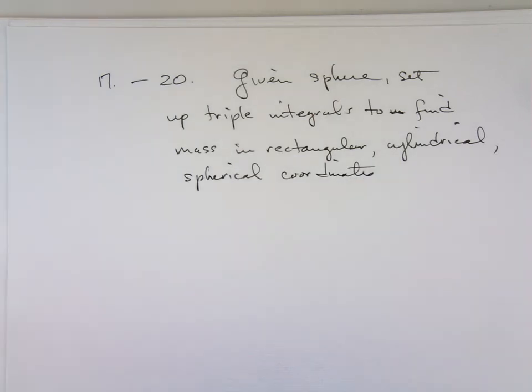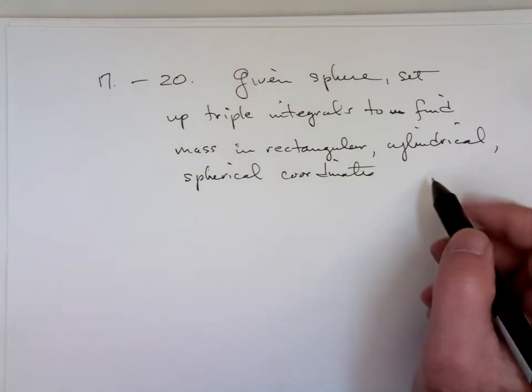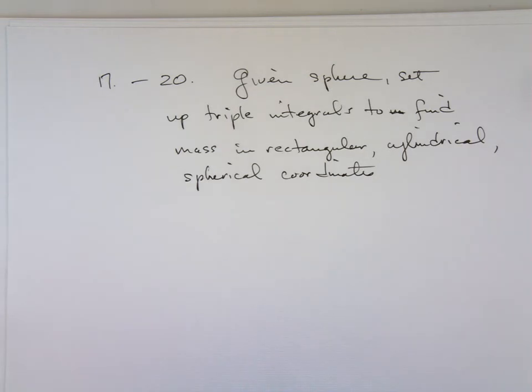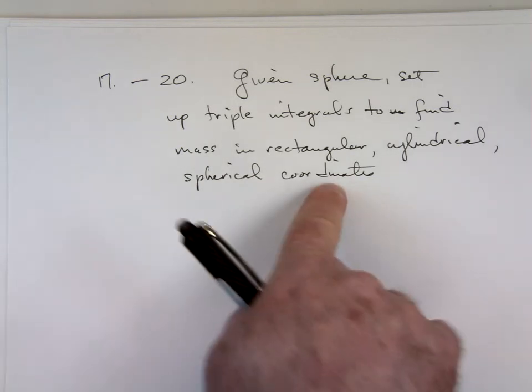And when I ask for the spherical and the cylindrical, in the cylindrical I tell you to use r dz dr d theta. So I'm telling you what it is. And when I tell you to use spherical coordinates, I put in rho squared sine phi.